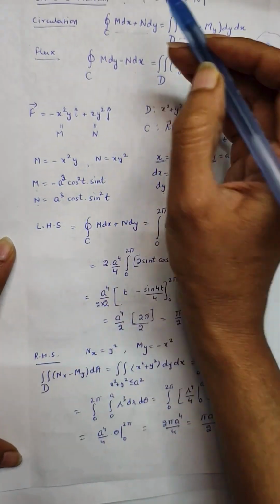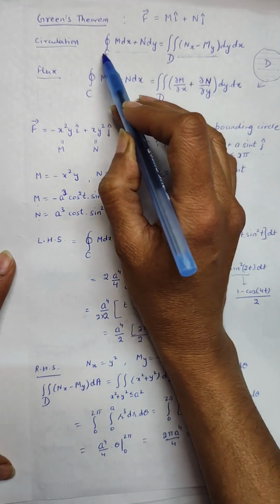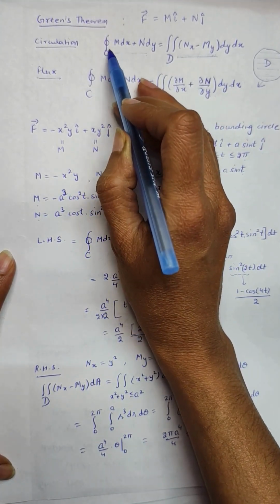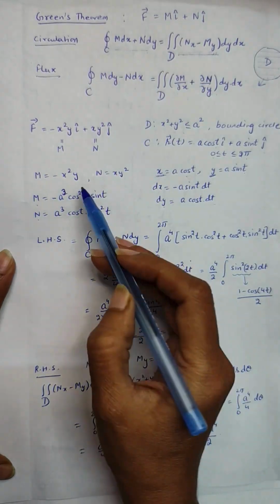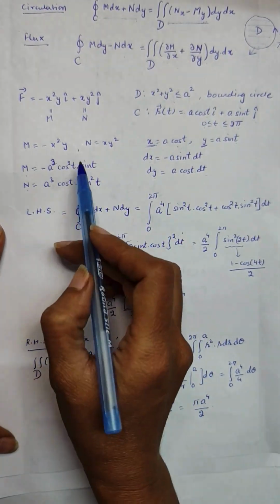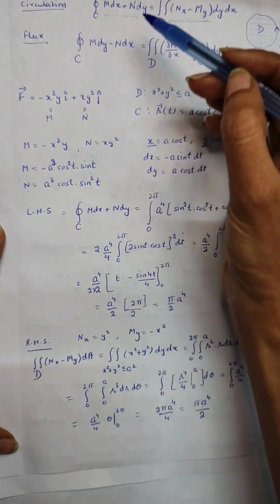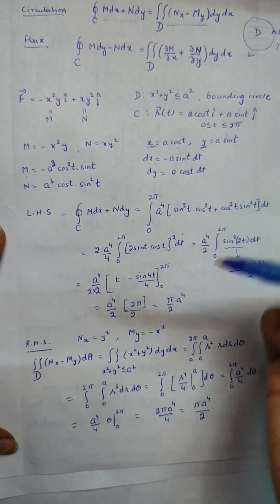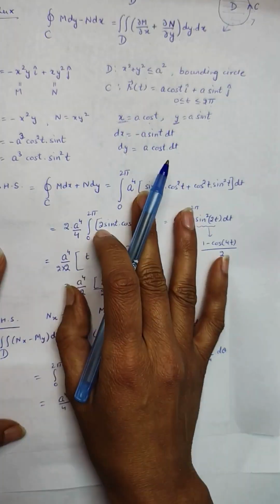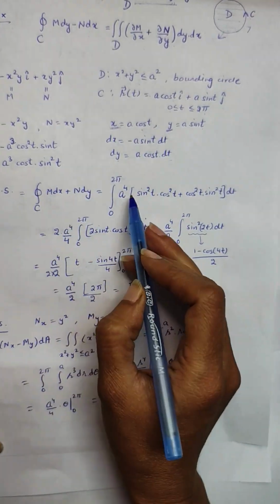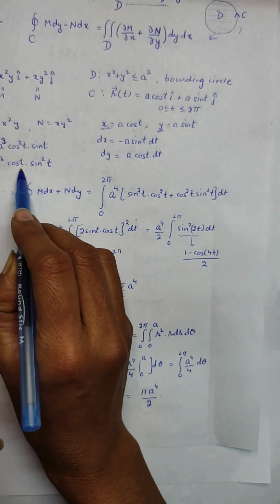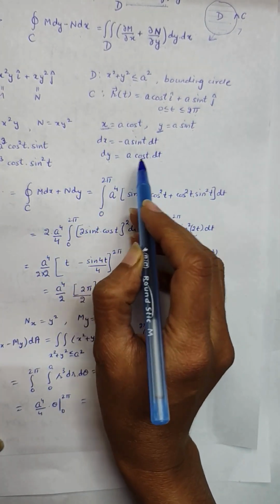Why do we do that? Because we want to find the circulation using this formula. It's an integral along the closed curve C, so we need to convert everything in terms of the parameter t and substitute all these values in this formula. So let's see what we get. The left hand side here becomes, we substitute these values for M, N, dx and dy.